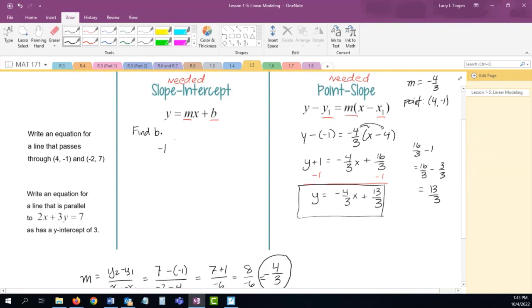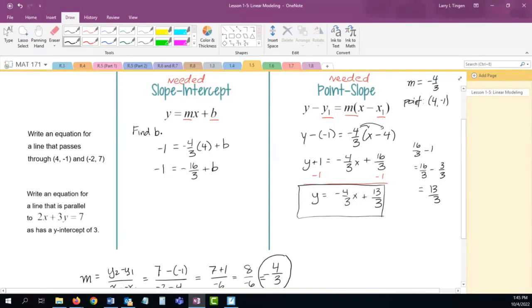So same problem. I'm using the point 4, negative 1 and the slope negative 4/3. So negative 1 is equal to negative 4/3 times 4 plus b. Negative 1 is equal to negative 16/3 plus b.